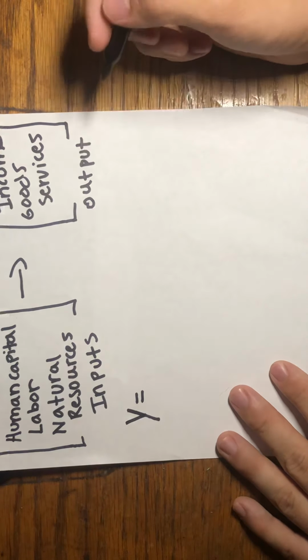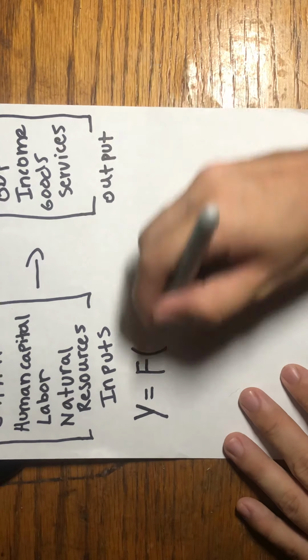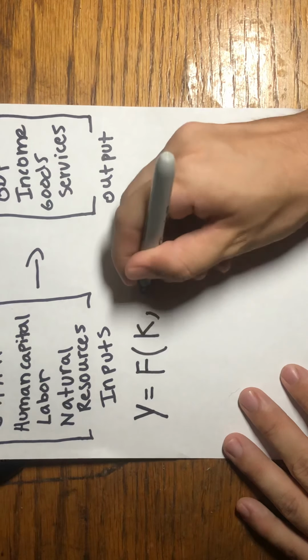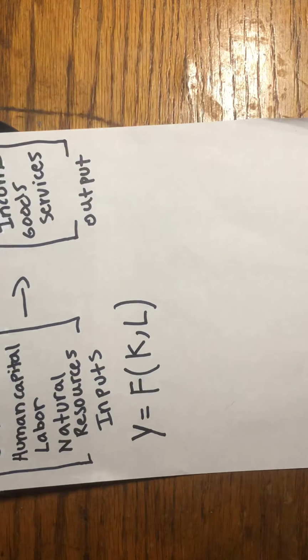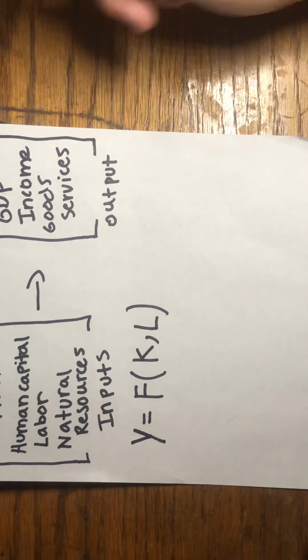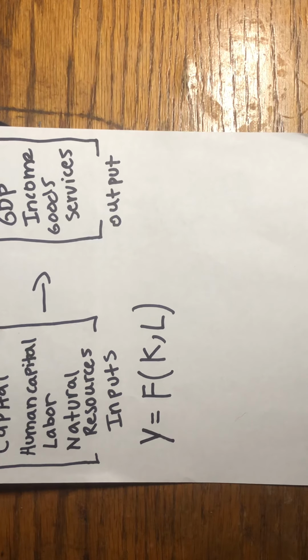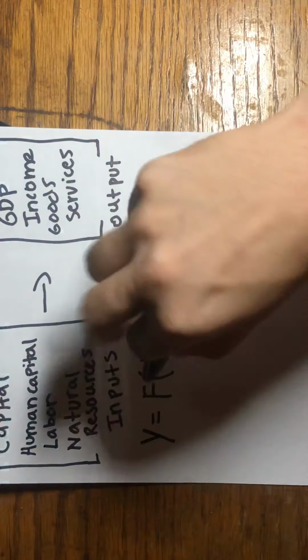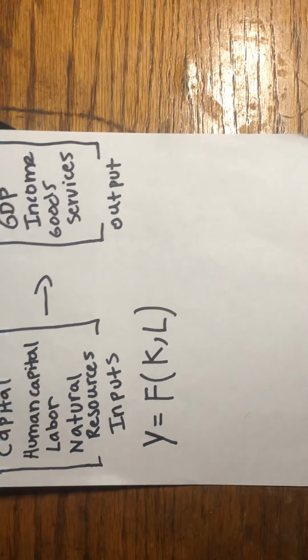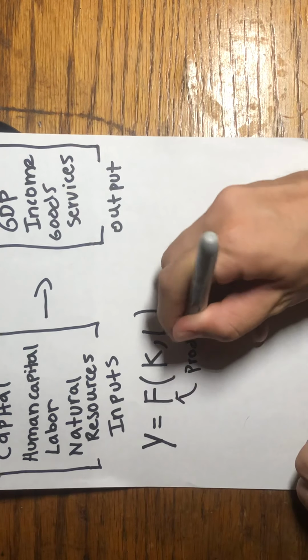And we have our output as a function of our inputs. So for example, we have capital and labor. I'm just using the two most basic inputs when it comes to our production function. So this is simply saying that the output is a function of inputs. When inputs are put inside our production function, which is essentially f, this is our production.